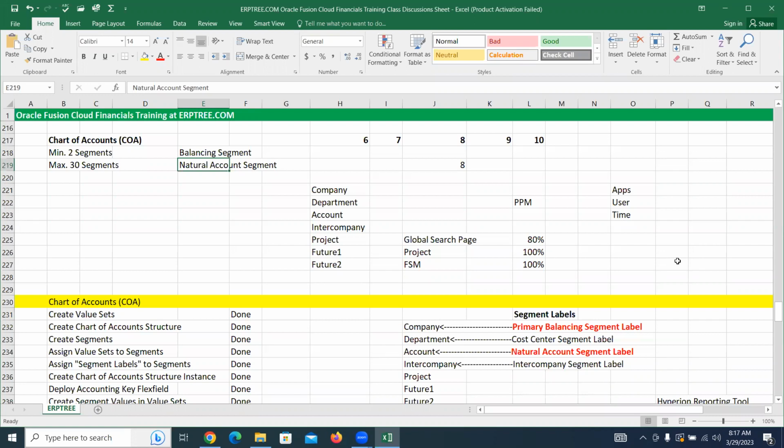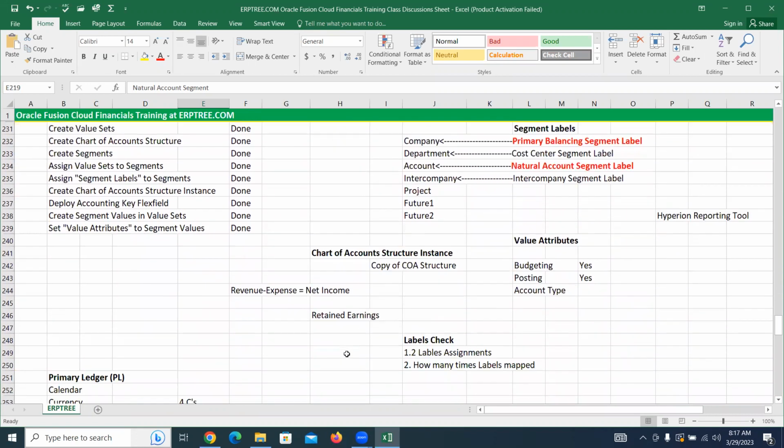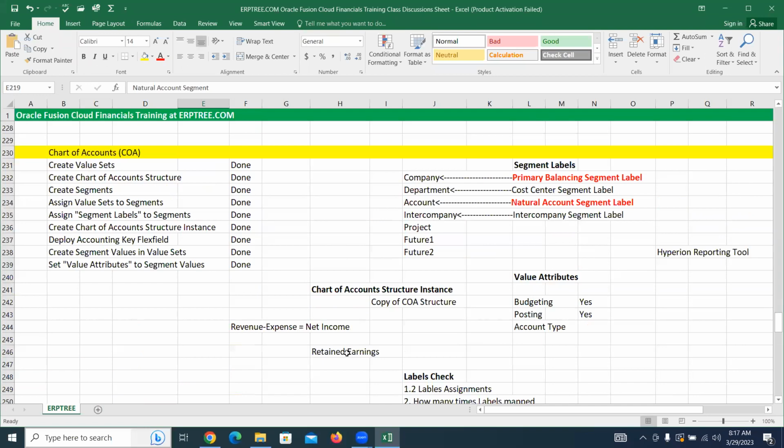Sometimes your primary balancing segment may not be your company, it could be something else. You may use some different naming convention. So this is what we have to understand. What are the possible names for a primary balancing segment in the chart of accounts? When you do real-time implementation, for many clients we use the company segment, but some clients don't prefer to have a company segment.